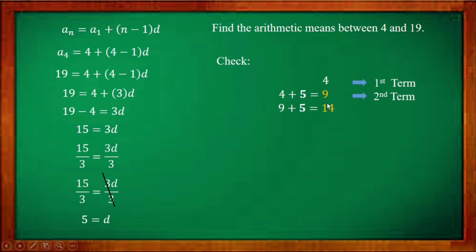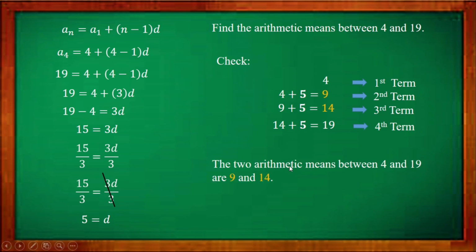And 9 plus 5 is 14, and 14 now is our third term, and 14 plus 5 is 19, and 19 is our fourth term. Therefore, the two arithmetic means between 4 and 19 are 9 and 14. So it only means that our answer, the value of d that we identified, which is 5, is correct.